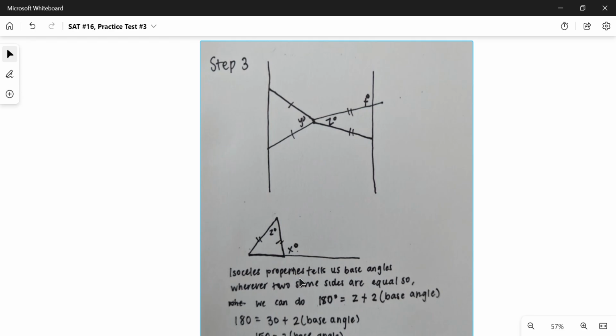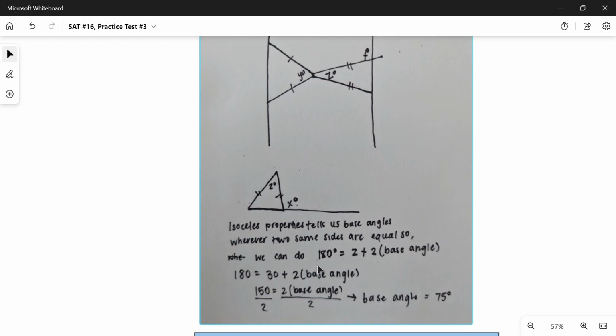Isosceles properties tell us that the base angles, right here and right here, of the two equal or congruent sides are also equal. So we can use the sum of all angles of a triangle, which equals 180, equals z, our initial value, plus 2 times a base angle.